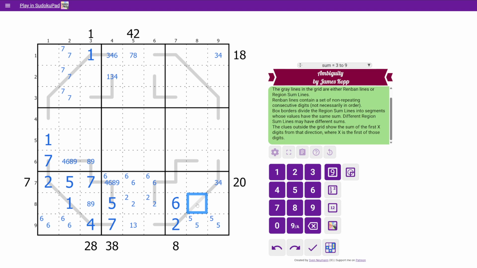But it is a... Oh, the 1 is already in the row. So this is a 1, 3, or 4, but it's going to make a 3, 4, because if this was a Renban, like I was saying, this would be a 5.